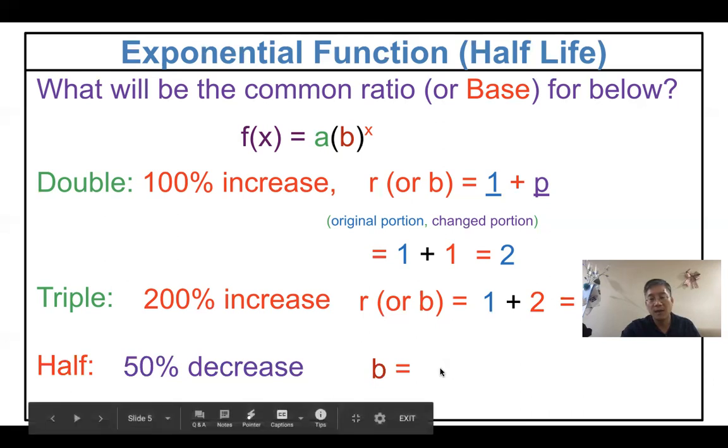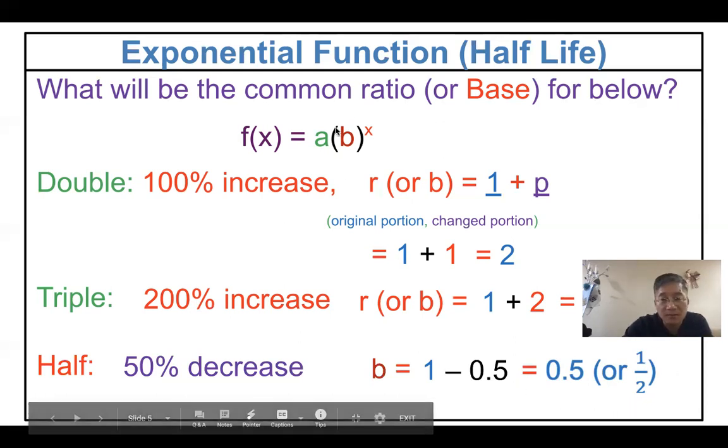From the initial amount, you subtract 50%, okay? That's 50%, it becomes half. So you subtract the 50% decrease, which is 0.5. If you subtract, it's 0.5 or half, 1 over 2. That will be the base here.